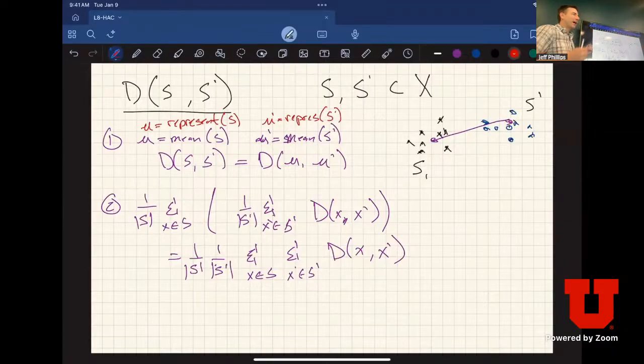That's another option. Or the smallest ball that contains 50% of the points. That might be robust to outliers. Turns out it's pretty robust. So there are lots of ways I can take a representative point and take the difference between them. These are all valid options.